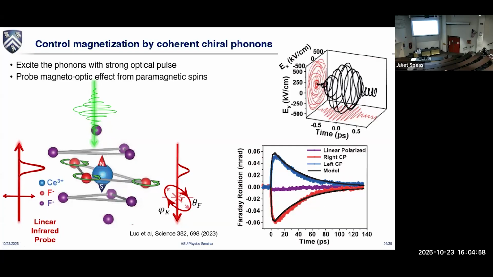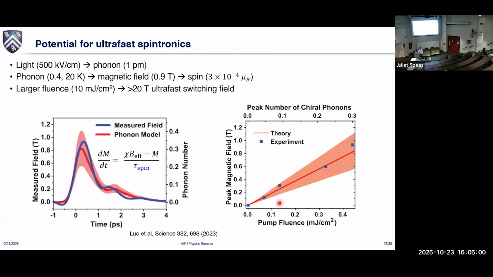So from the spin dynamics, we put in the paramagnetic relaxation, then we can do a deconvolution of the actual field that has been generated by phonons. So from the magnetization dynamics to the field dynamics.